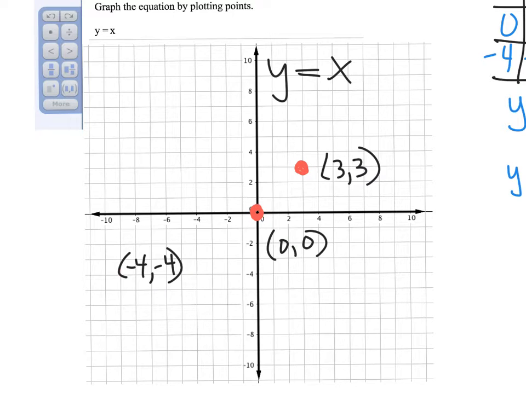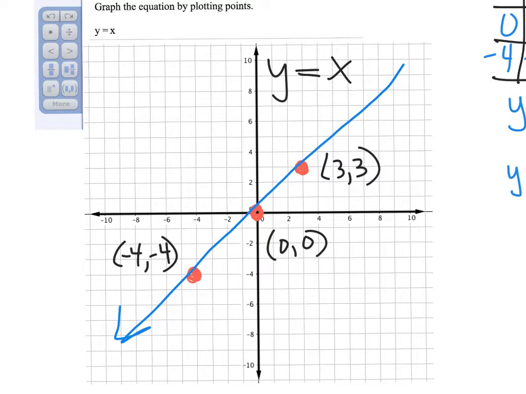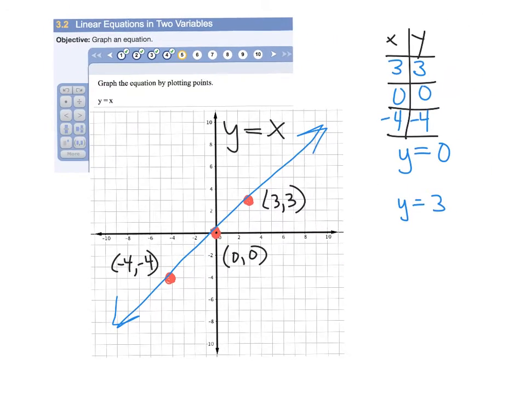So -4, -4. That means we're going to start at the origin, go to the left 4, down 4. And so our third and final point goes right there. And so, sure enough, we have a nice looking line right there. And so there is our graph.